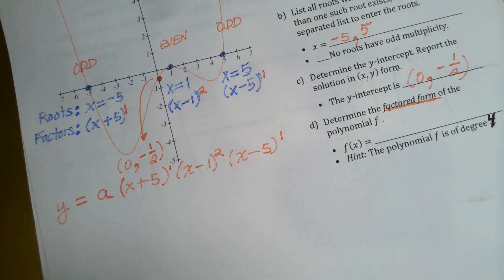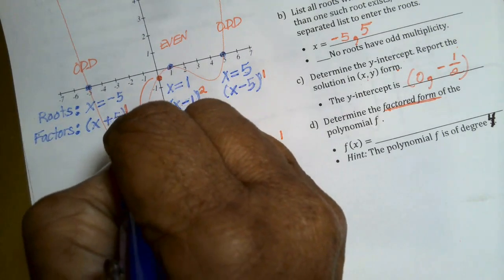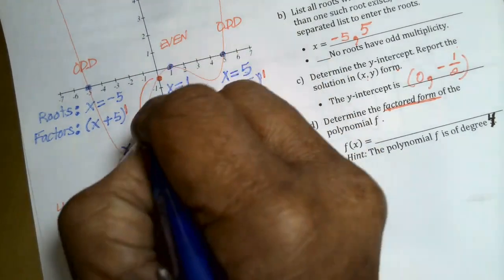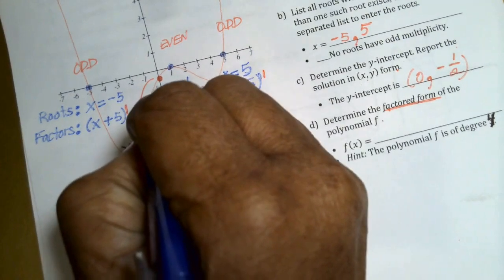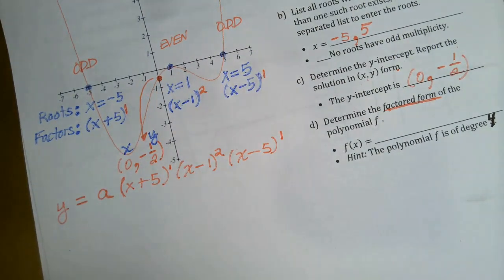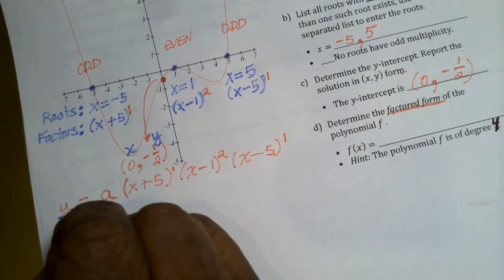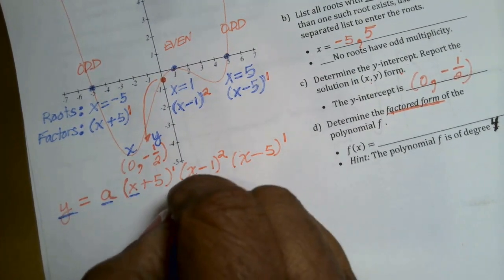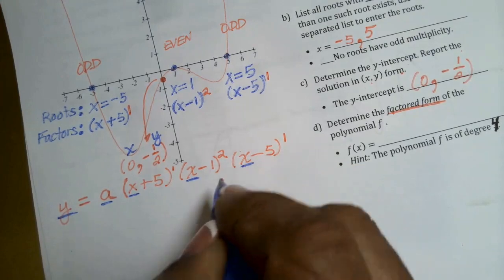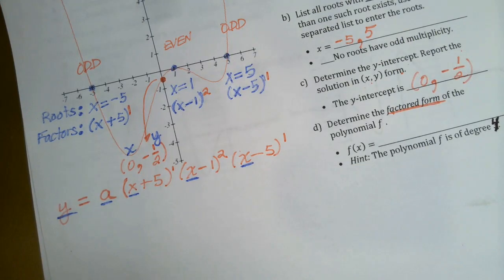We're going to use this point to help us solve for a. Because in this point, we know that x is going to be 0. And we know what our y value is. We'll substitute y for negative 1/2. That will allow us to find a, because we only have 3 variables. We have y, we have a, and we have all of the x's. Everywhere we see an x, we're going to substitute it with 0.